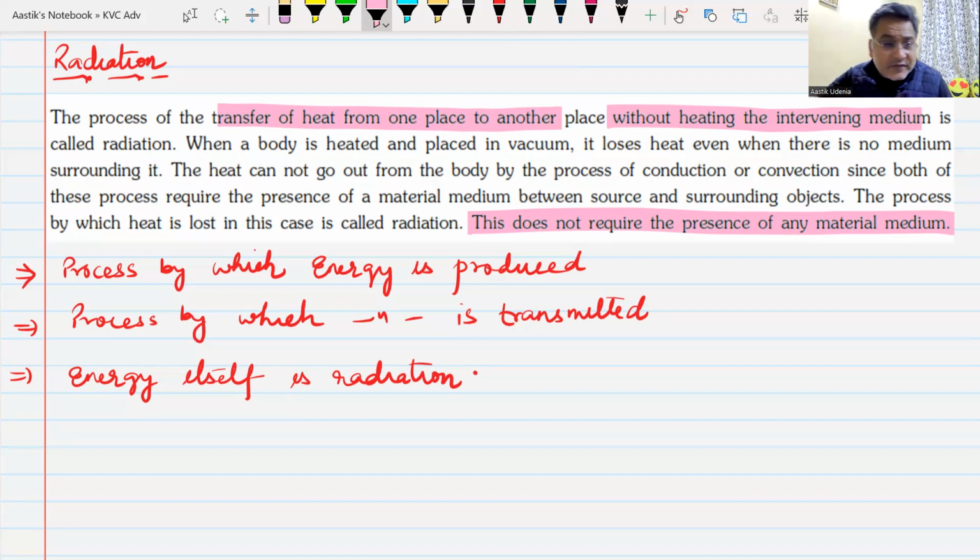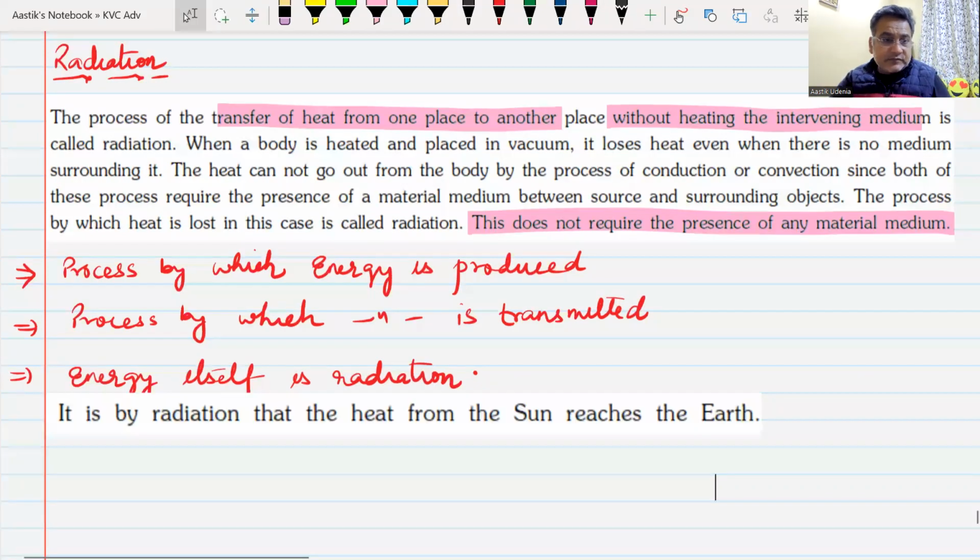It can travel in vacuum. This is the process by which energy emitted by the sun reaches Earth, by the process of radiation. Do we understand this? Everything is radiation.